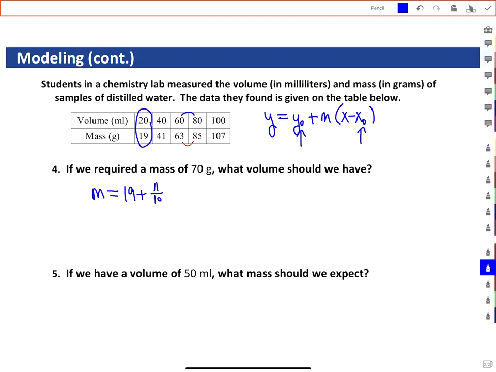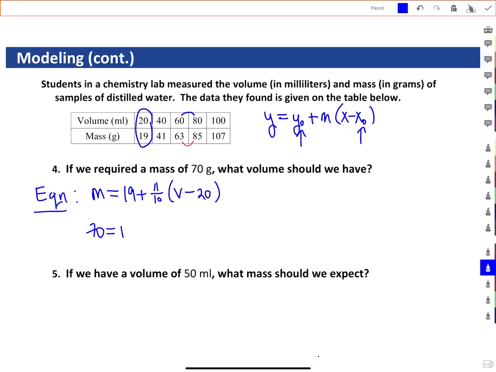So I'm going to write it as 11 over 10 times the quantity, instead of using an x, remember our inputs were v's, minus then our initial value, or the value that we're using here for our v, which is 20. So that's just our equation. We have not even begun to answer this question, but this will help us for this problem and the next problem actually. So if I require a mass of 70, that means I'm going to plug in 70 for my mass.